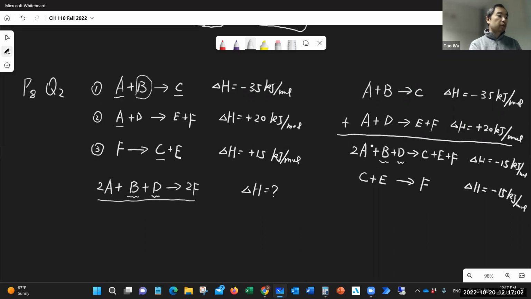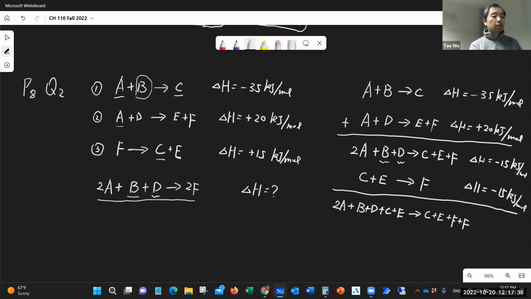Let's add up the final equation again. We have 2A plus B plus D plus C plus E, and then they're going to form C plus E plus F plus F.